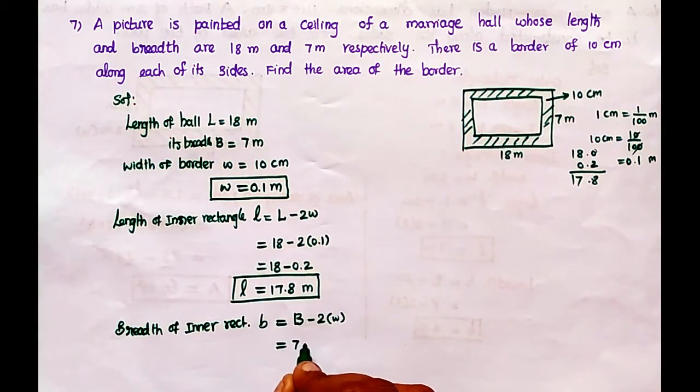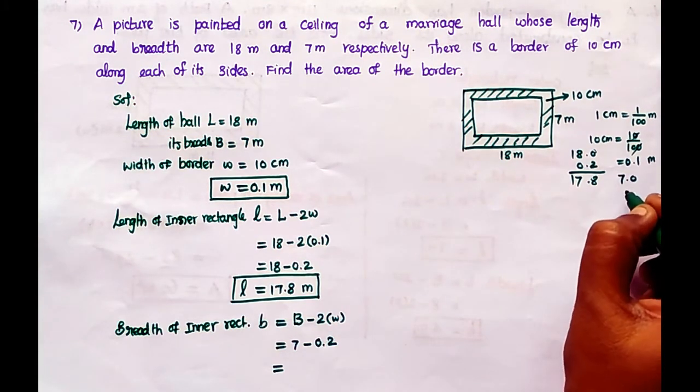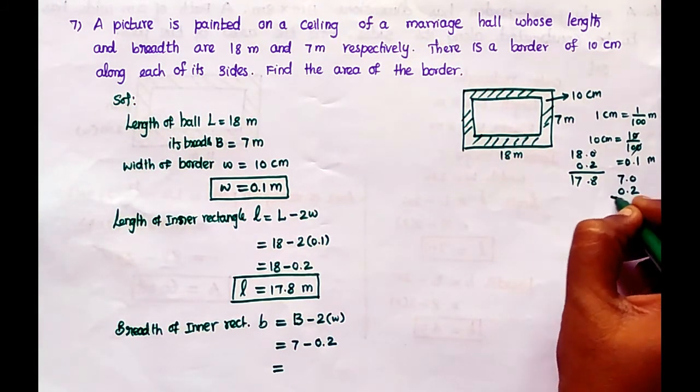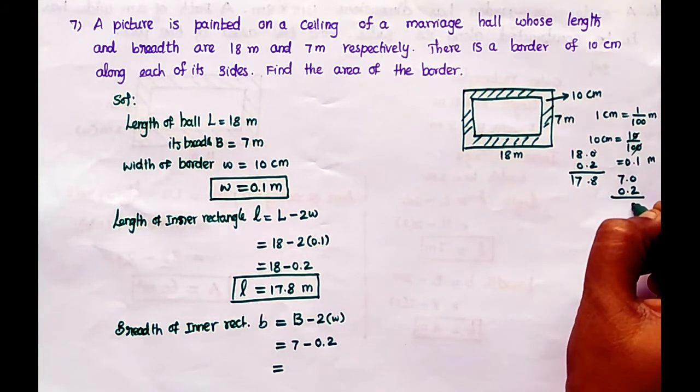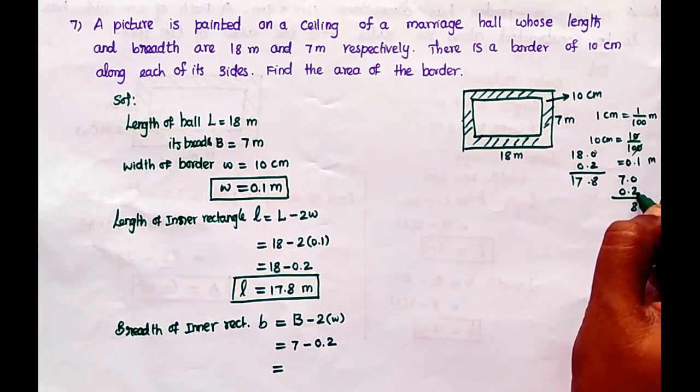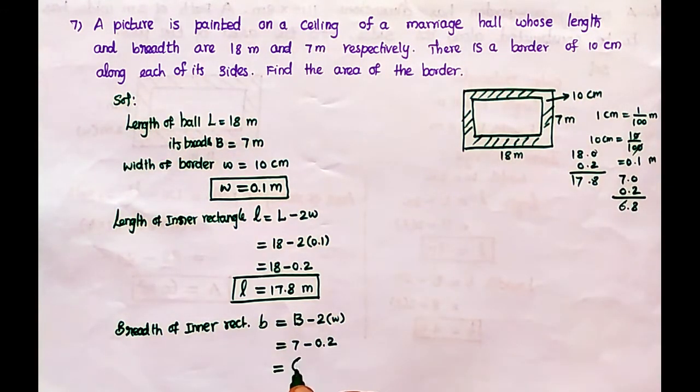So 7 minus 0.2. 7.0 and 0.2 we have to subtract. 0 minus 2 is not possible, so 10 minus 2 is 8. Here borrow 1 from here, it becomes 6, so 6.8 meter, that is the breadth.